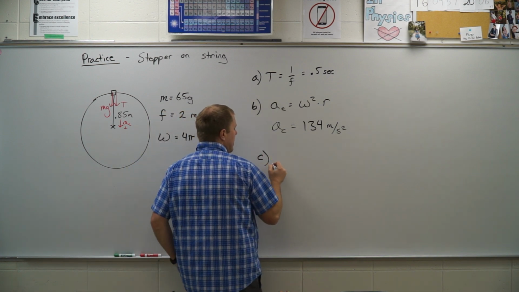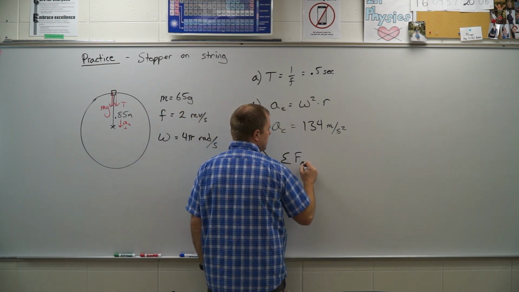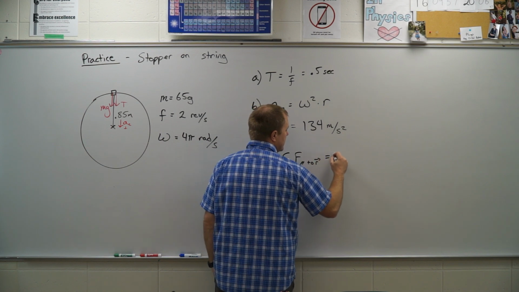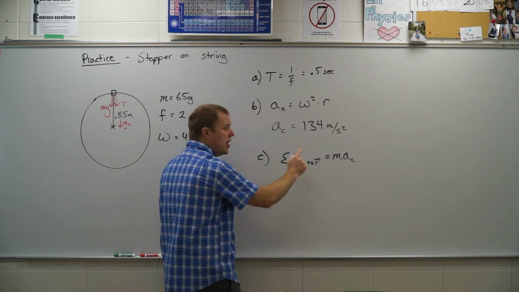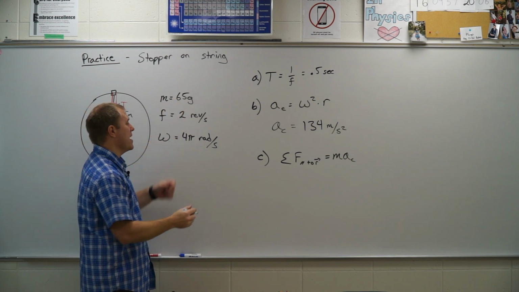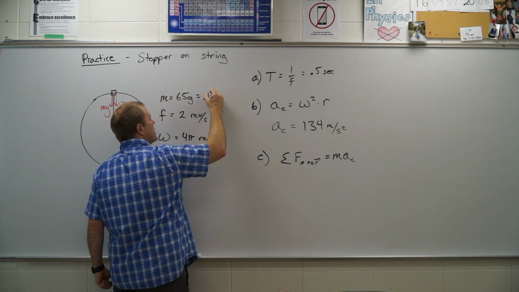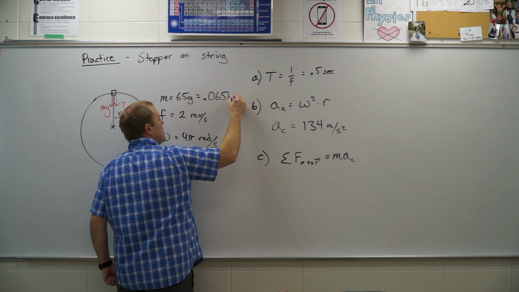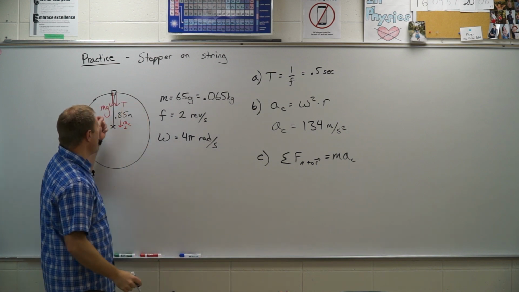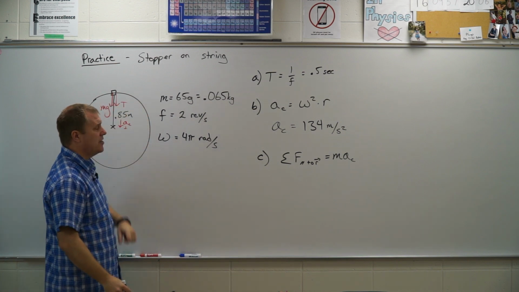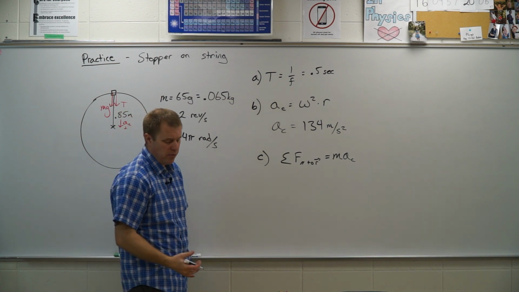Now to generate my equation, the sum of the forces parallel to the radius, set it equal to MAC. I know what AC is, I know what the mass is. I will have to, of course, convert this into kilograms. And so inside of here, there's mass and tension, and the tension is what I'm really looking for here.